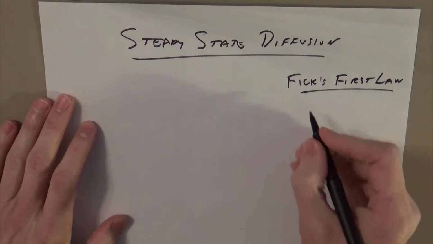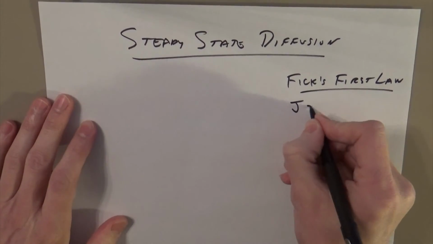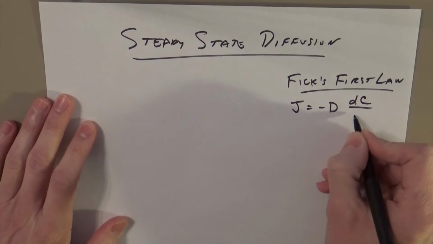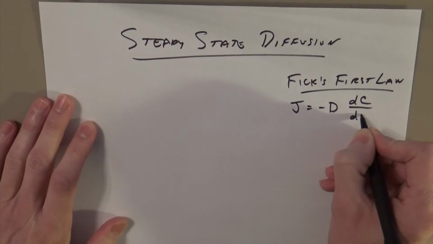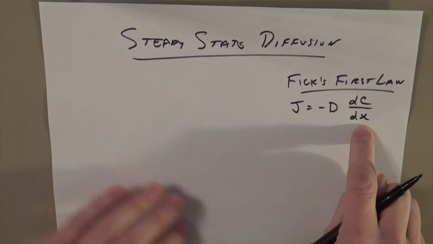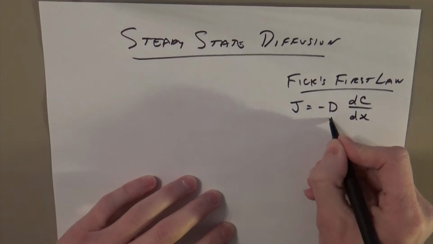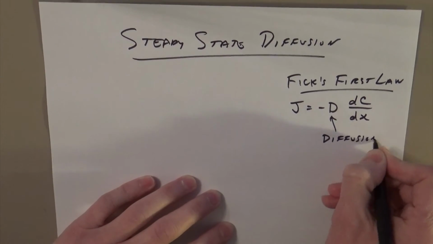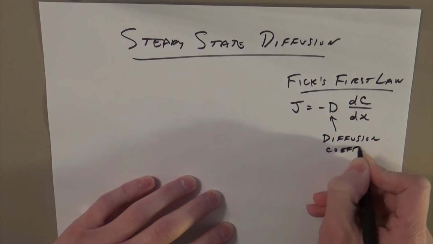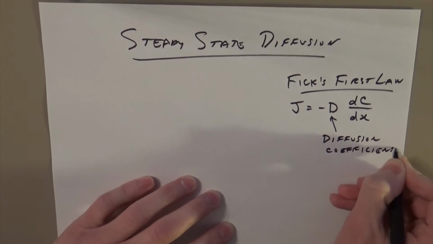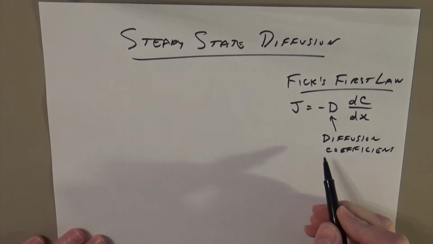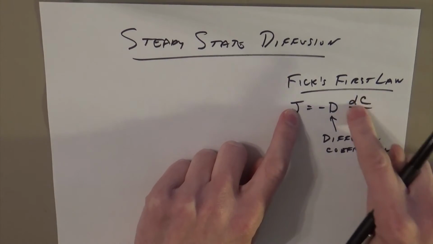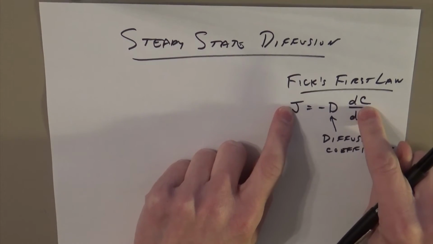And that Fick's first law is J is equal to minus D, then the derivative of concentration with respect to position. And this is our diffusion coefficient. This is the constant of proportionality that gives us the flux, that relates flux to the concentration gradient.